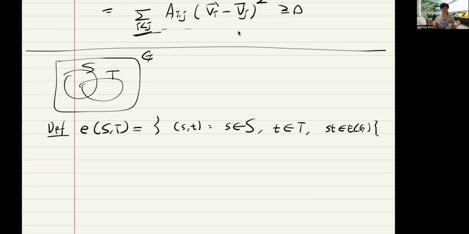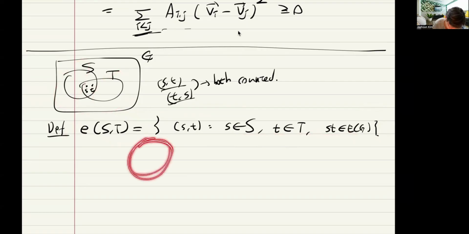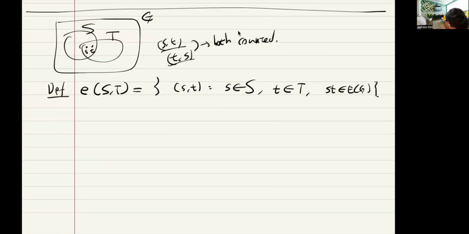So you count the number of edges between S and T. If s and t are both in the intersection, then (s,t) and (t,s) are both counted. So this may double count some edges. But if they are disjoint, then it's counting everything once. And if S and T are identical, then everything is counted twice. Anyway, once we write it this way, then we can easily see the following.